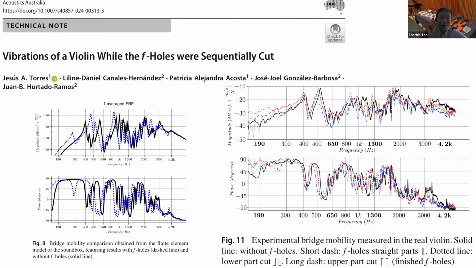Okay, so I have a question back to the guitars, about the direction of the string excitation force. For guitars, is the predominant excitation into the body of the instrument vertical or horizontal?